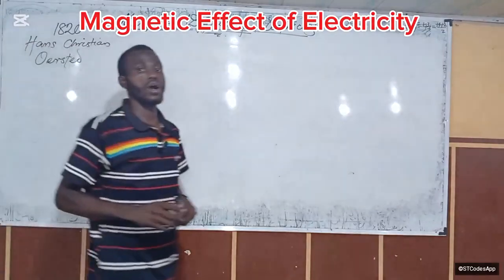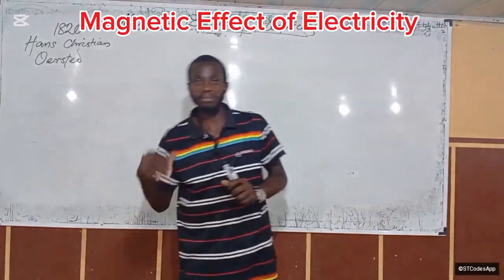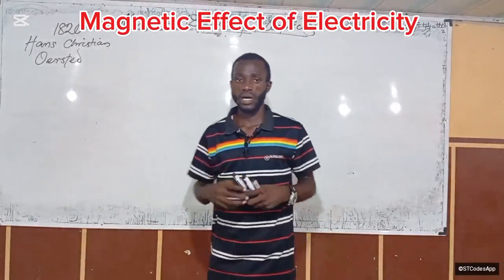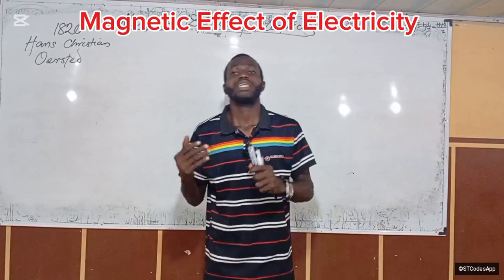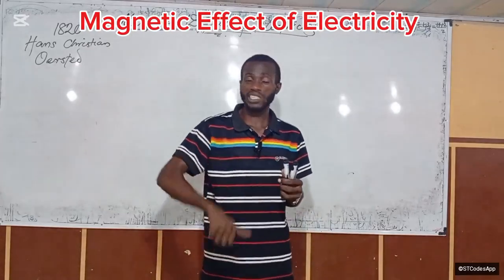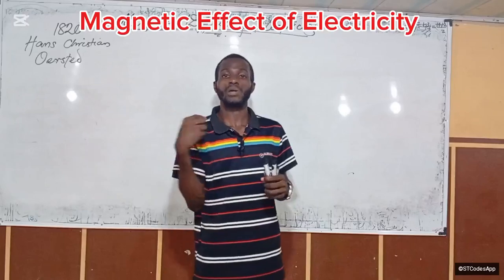Hans Christian Ørsted was the first person to prove that magnetism and electricity are related. And how did he do this? What he did was that he saw that a current carrying conductor, that is a wire through which current is running, had a magnetic field around it.